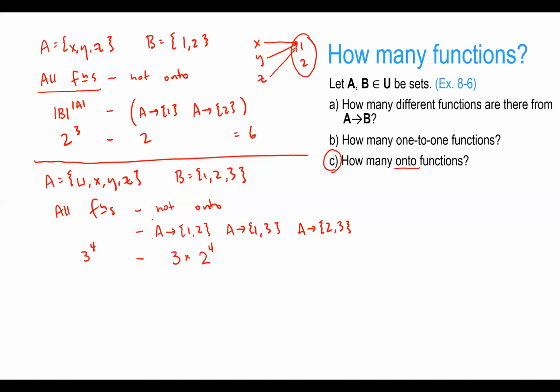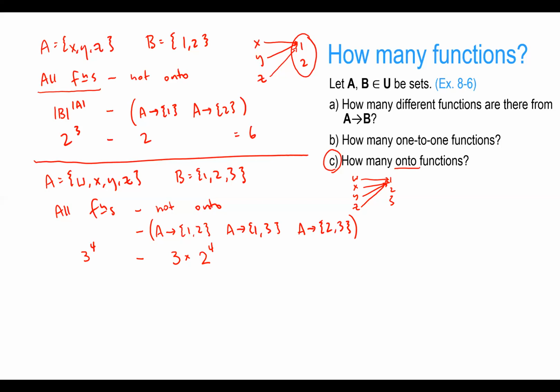If we subtract all of those functions that are going to set 1, 2, and then set 1, 3, and then set 2, 3, we've actually overcounted some of them. So for example, what about the function that maps A, so W, X, Y, and Z, to only the object 1? So this function right here. All right. So I hope you can see that this function is actually not onto.